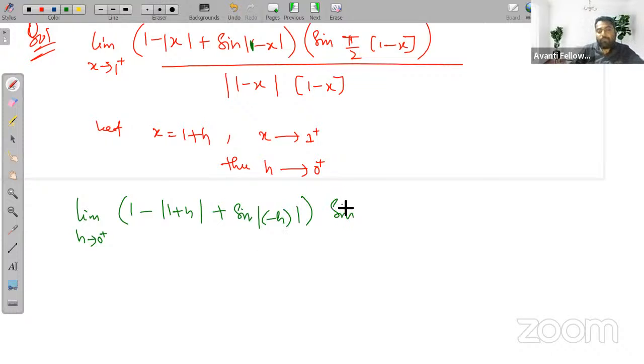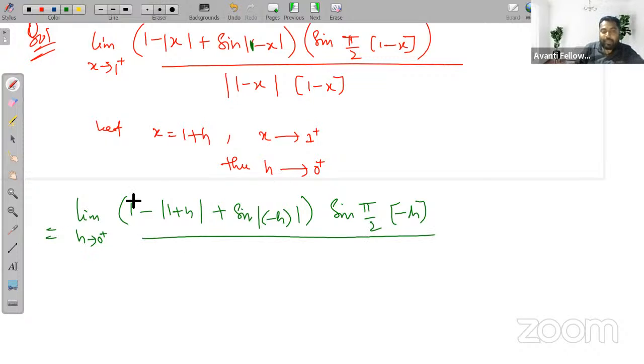And sine of pi by 2 into, in place of 1 minus x, we write minus h, greatest integer of minus h, whole divided by mod of minus h and greatest integer of minus h. Okay, clear?